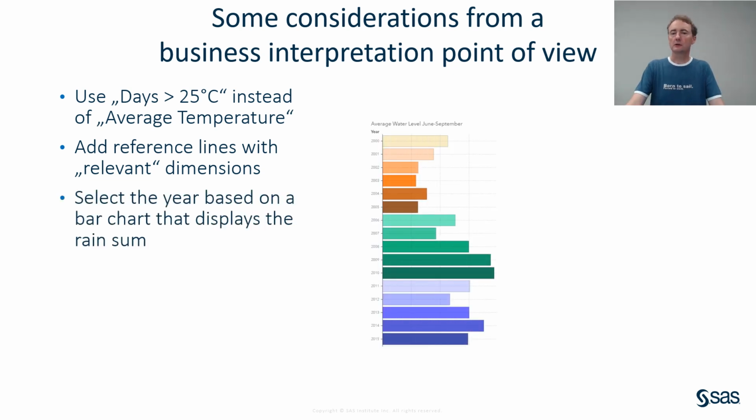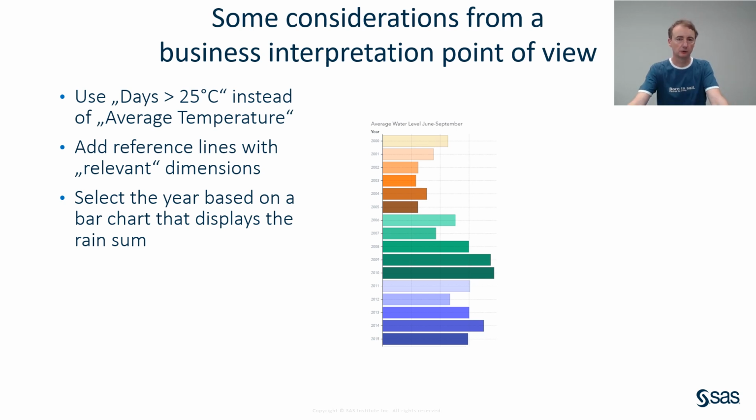I also gave the chance to select the year based on a bar chart where I display the water level of the particular year instead of just naming the year label. This is easier to understand and say, okay, this was a year with a high level in summer, this was a year with a low level in summer.